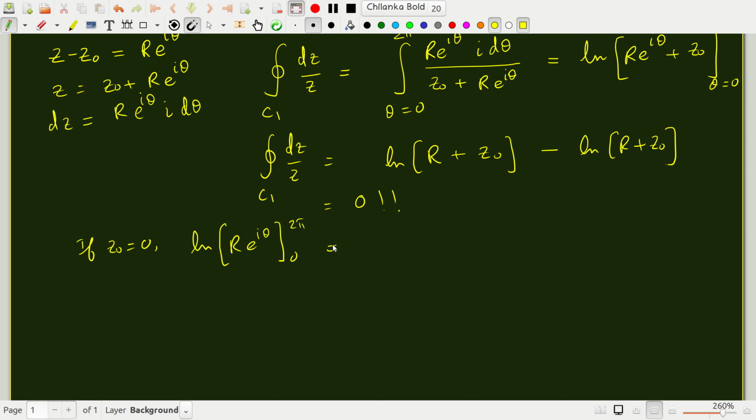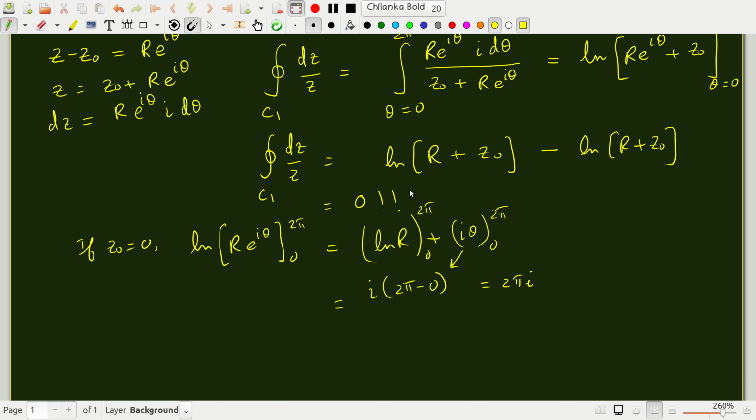Here I have to use log AB is log A plus log B. It is ln r plus i theta going from 0 to 2 pi. The ln r going from 0 to 2 pi will cancel out, so the only thing I will get is i times 2 pi minus 0 from this term, which is 2 pi i. So clearly the contour, whether it encircles the origin or not, seems very, very important.